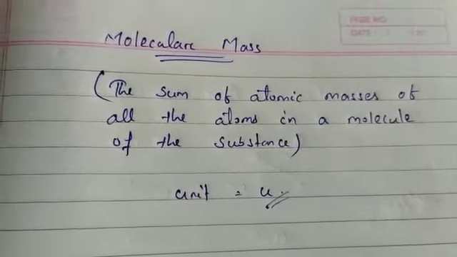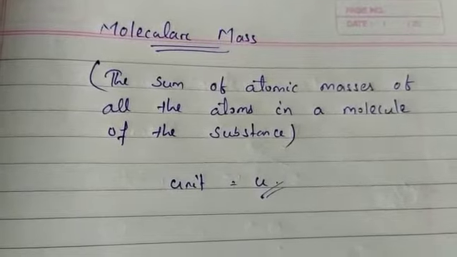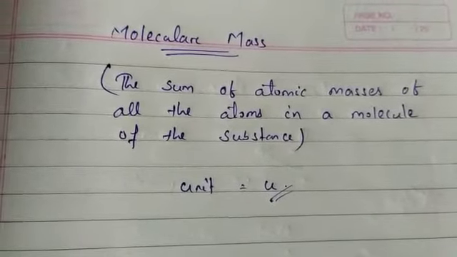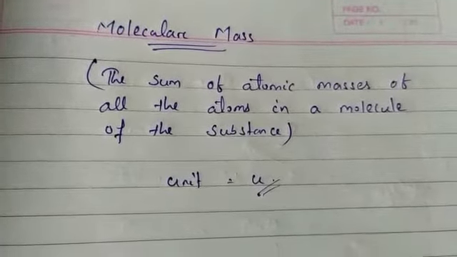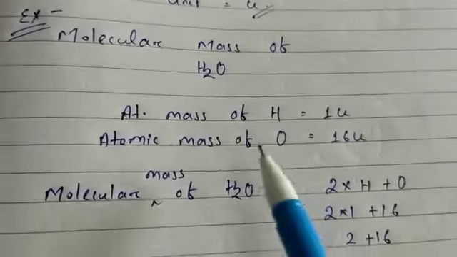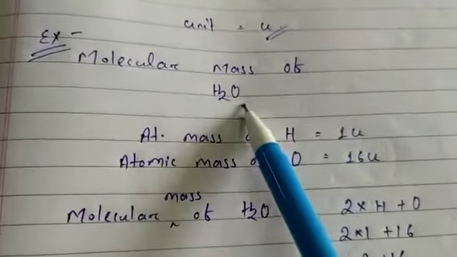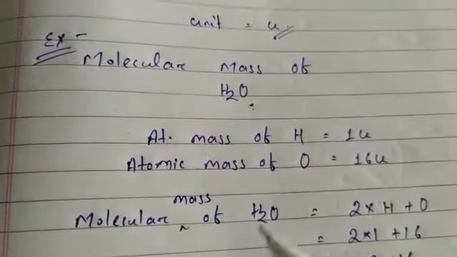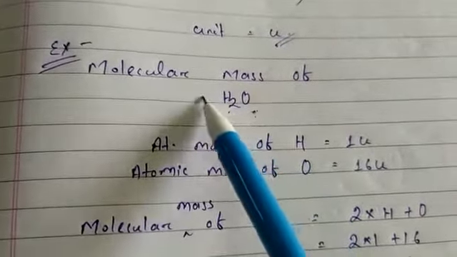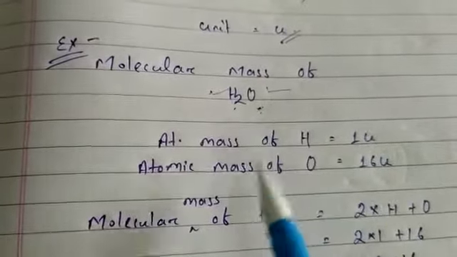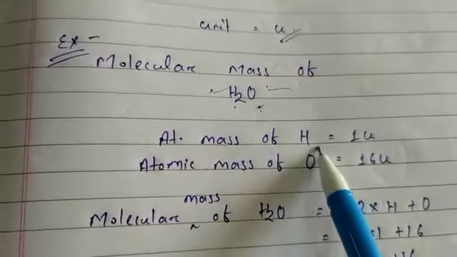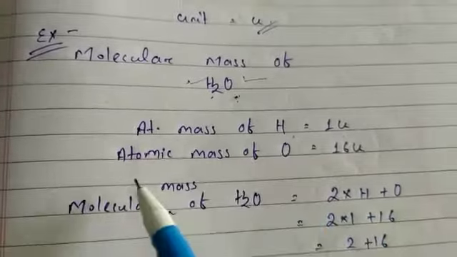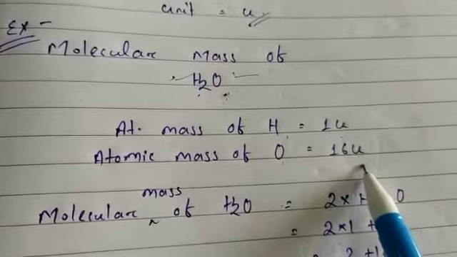For that we will take a few examples, like calculating the relative molecular mass of water and HNO3, nitric acid. First we will find the molecular mass of water, which is H2O. First of all we will see the constituent elements: hydrogen and oxygen. The atomic mass of hydrogen we know is 1U, and the atomic mass of oxygen is 16U.